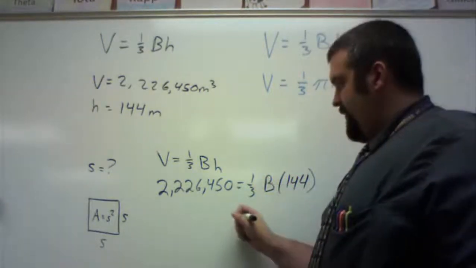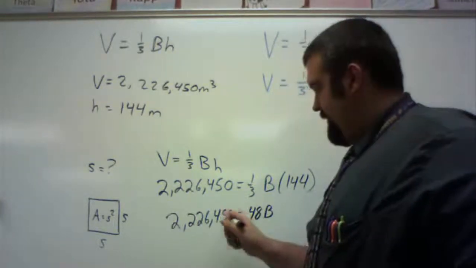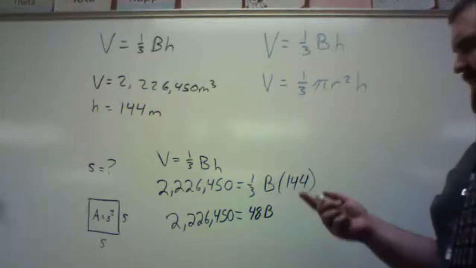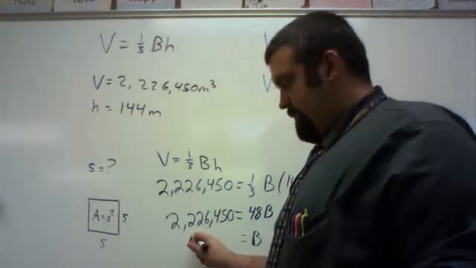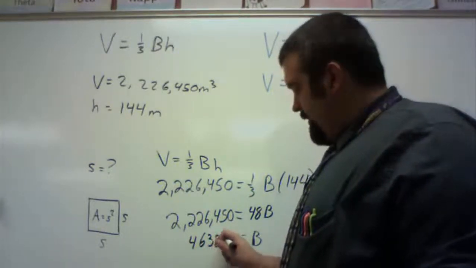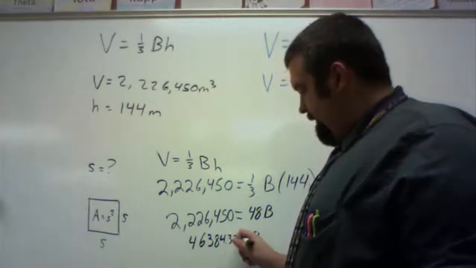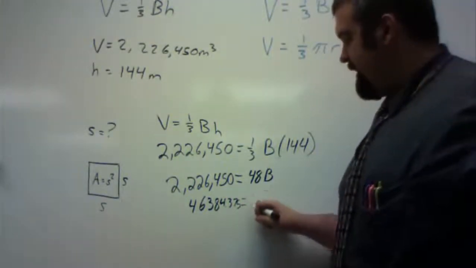So when I do 1/3 of 144, I believe I'm going to get 48. So at this time, I'll divide both sides by 48. So the base area should be roughly 46,384.375.